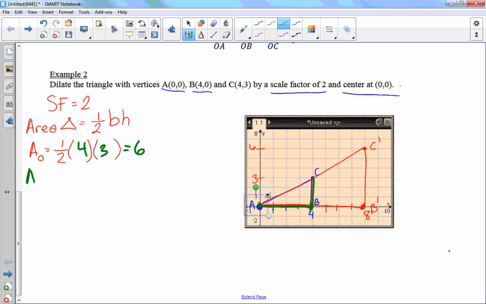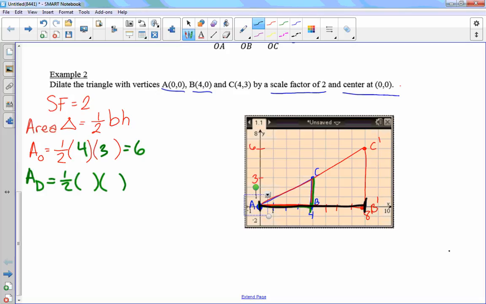Okay, now let's look at the area of the dilated. I'll put a D for dilated. The new image. 1/2 base times height. Fingers in the air, what's the base of our new image? From A out to C, how many units is that? 8.